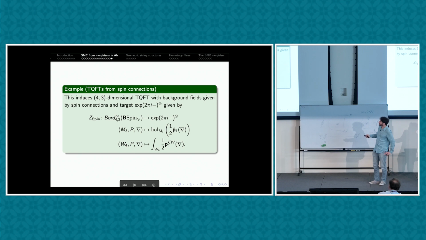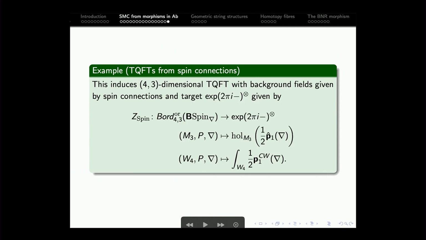I take my spin bundle, I consider the associated U1 two-gerbe, and then I take the holonomy on the three-manifold, and on the bounding four-manifold, I take the integral of the first fractional Pontryagin class. And these two are related exactly as holonomy and curvature for U1 bundles. So this is an example of a TQFT with this source and this target, and I will call this Z spin. This is our first ingredient.